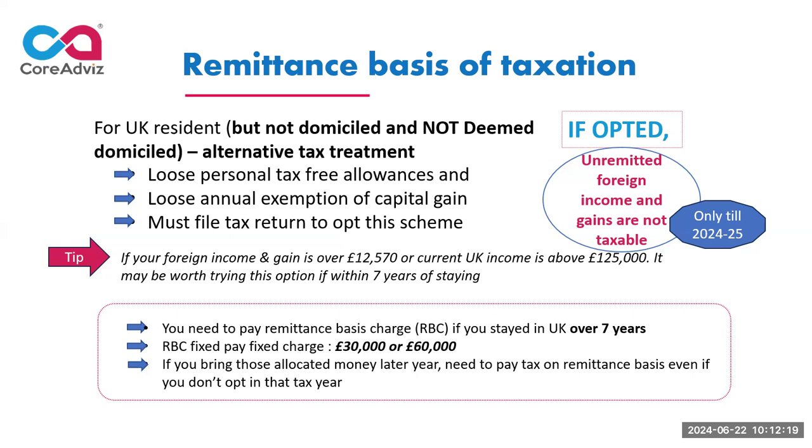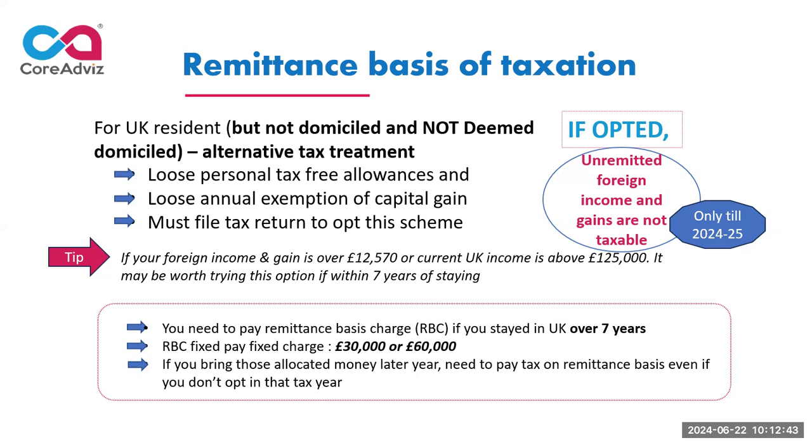What it means is, although this rule is going to be obsolete after 24-25, let's suppose you have opted for it this year and you had 30,000 foreign income, and you said that I have opted, I'm not going to pay tax on 30,000. Now in the next year, if you bring that 30,000 money, you will have to pay tax on 30,000.